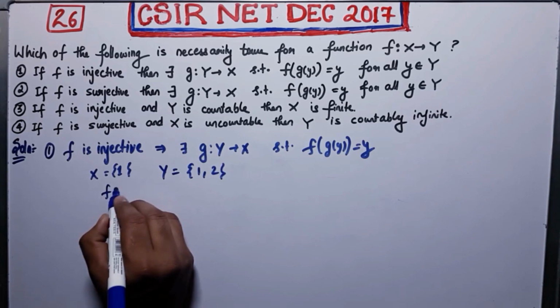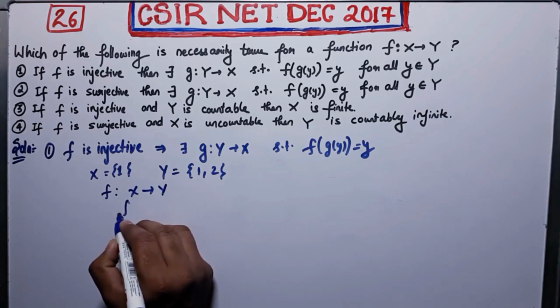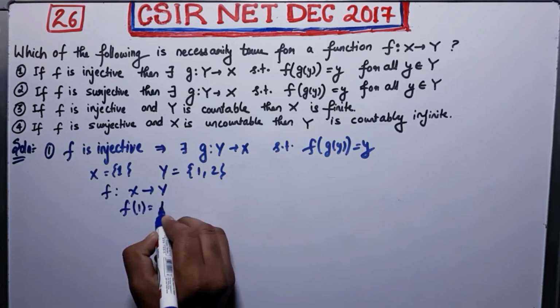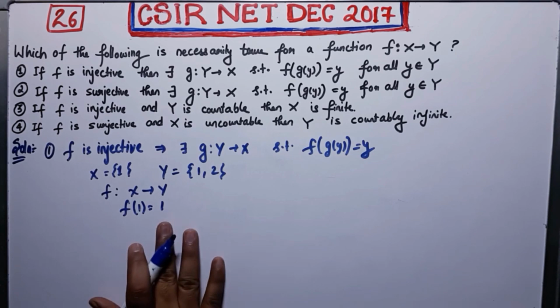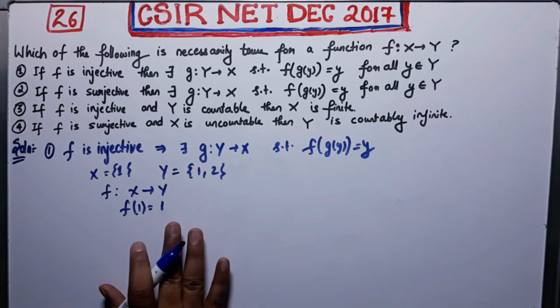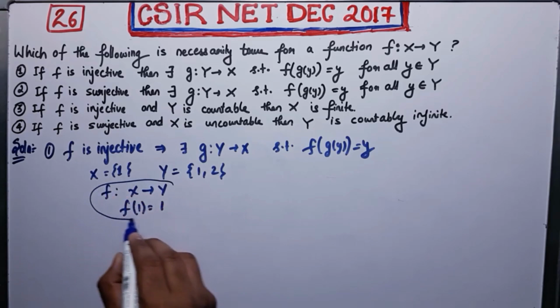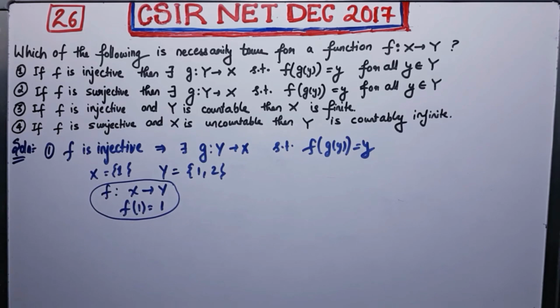Now let us consider a function f from X to Y such that f of 1 is equal to 1. Then the element 2 inside Y has no preimage. It is a one-one function but it is not onto. So this function satisfies the condition because it is injective and it is a function from X to Y. All the hypotheses given in the question are already satisfied.